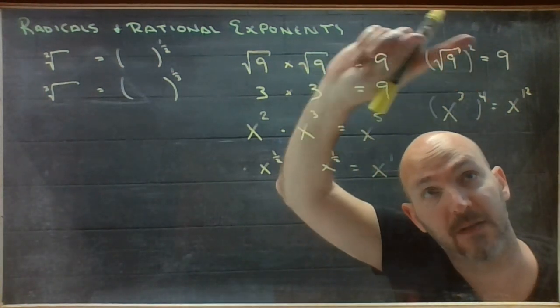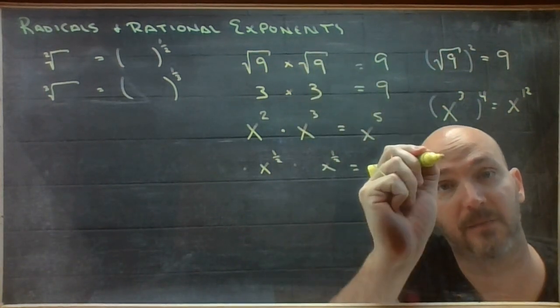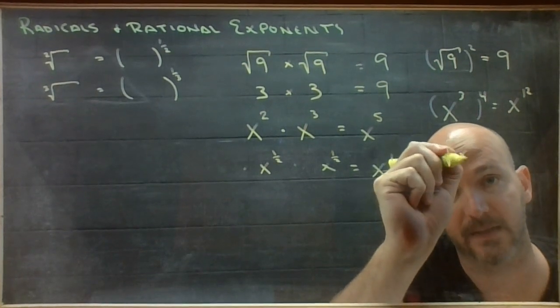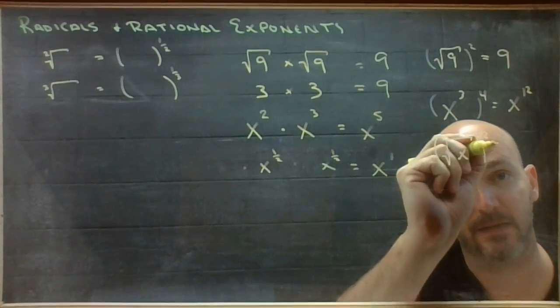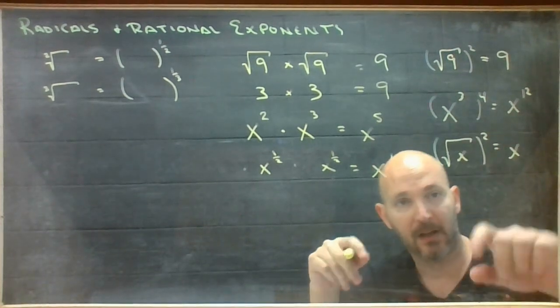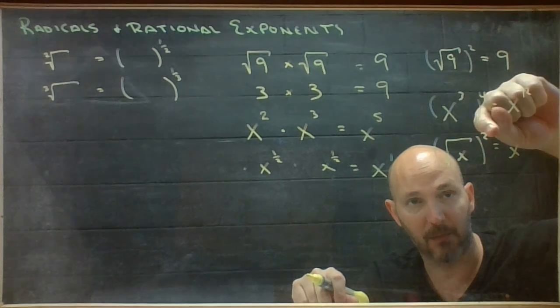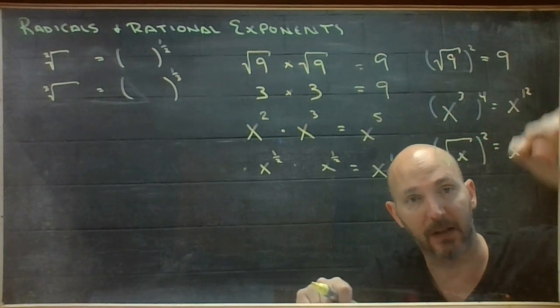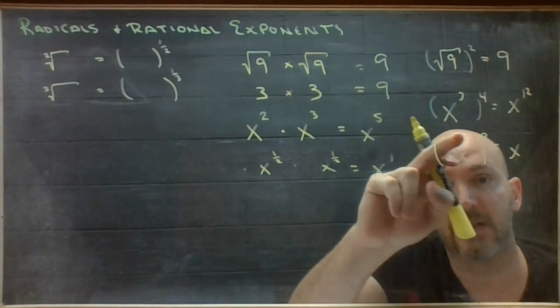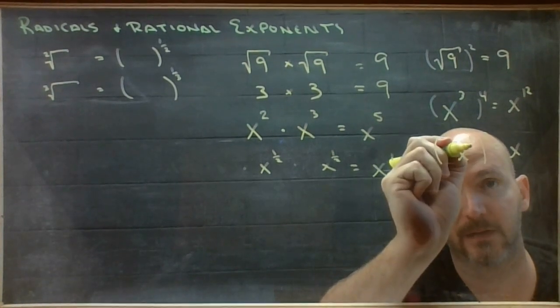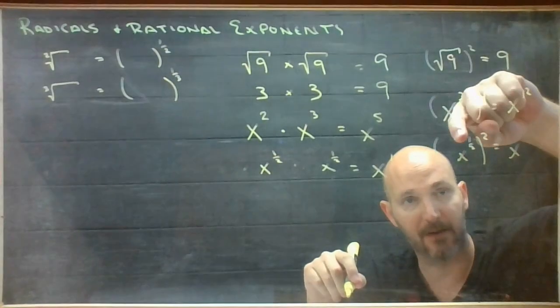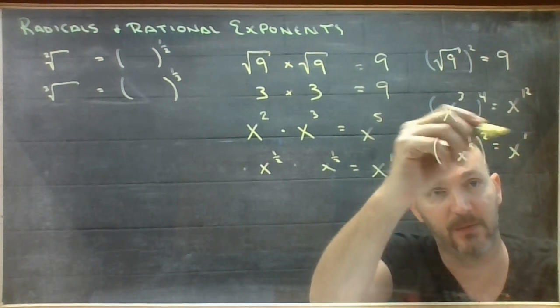Use this same setup here, but with an x. The square root of x squared should be x. Well, I need an exponent on this thing so that that exponent multiplied by 2 gives you 1. And the only number that works for is 1/2. It's 1/2 times 2 gives you 1.